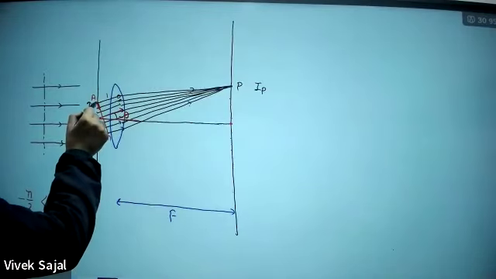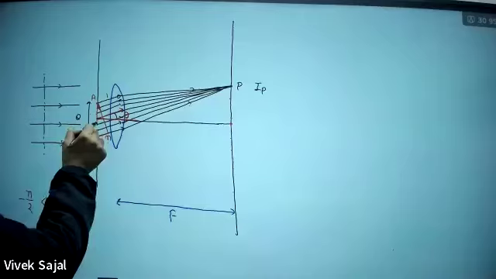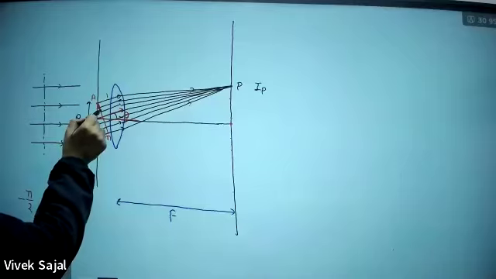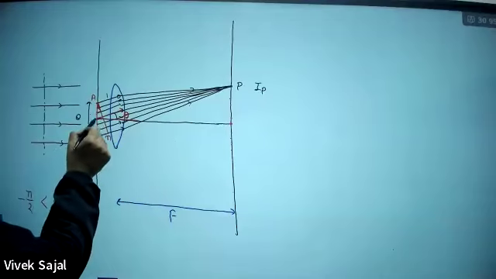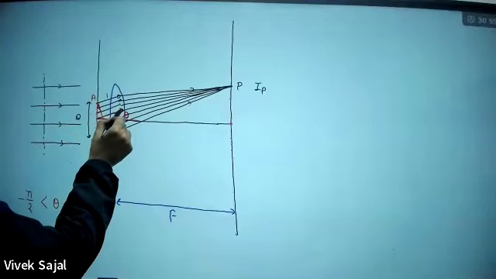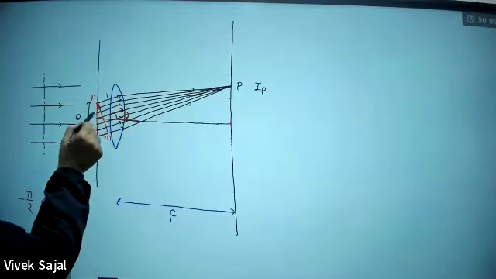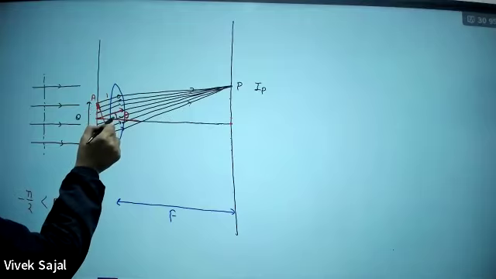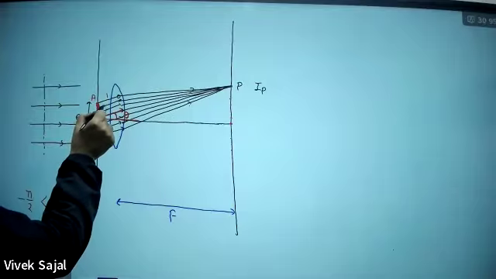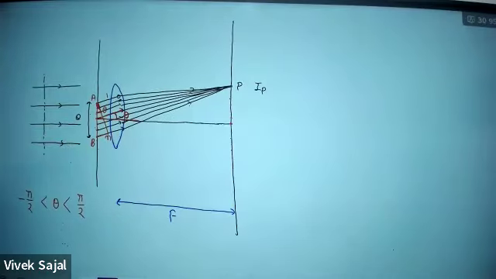And here this angle will be theta. Why will this angle be theta? Try to understand. This line is perpendicular to this, and this line is perpendicular to this. The angle between these two is theta, so automatically this angle is also going to be theta.